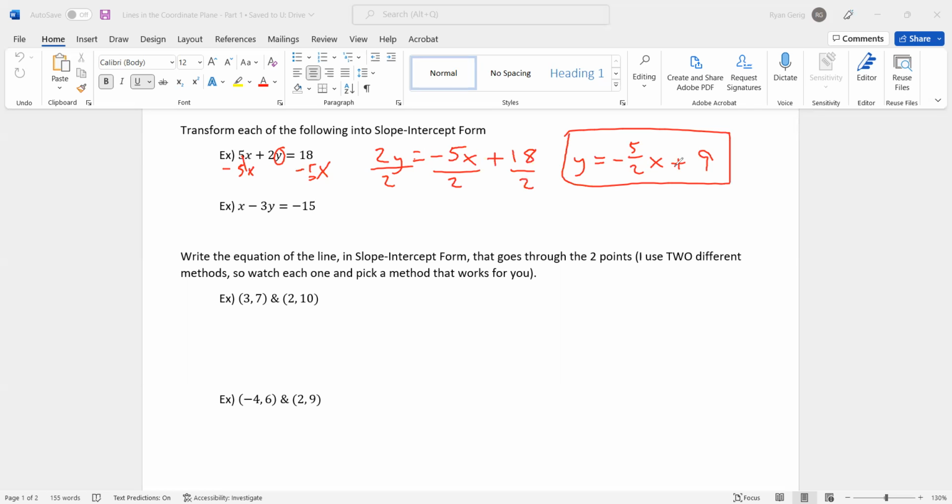A little bit harder one here because of the minus sign in there. I'm going to subtract x. You're going to notice if you do this enough, you're going to see the same thing happen over and over again. I have a negative 3y left. Don't lose that negative. When I subtracted x, it became negative x minus 15 or plus negative 15. Then I'm going to divide everything by negative 3.